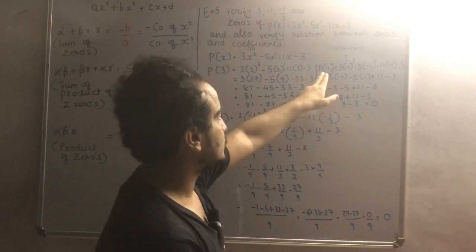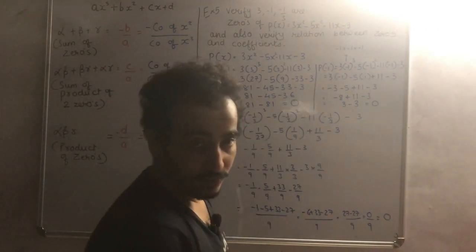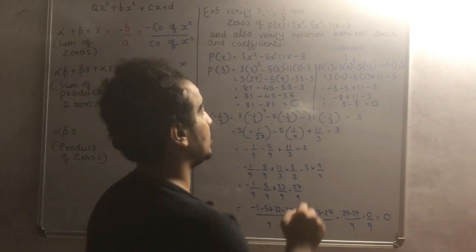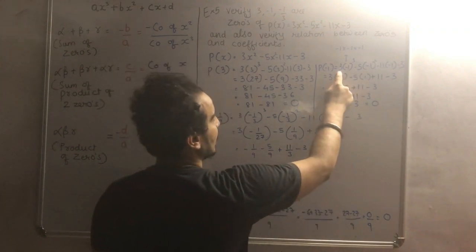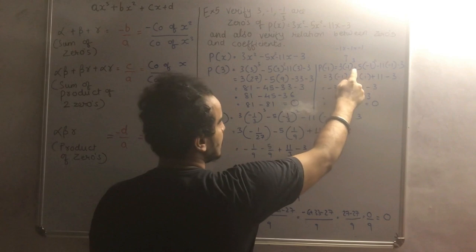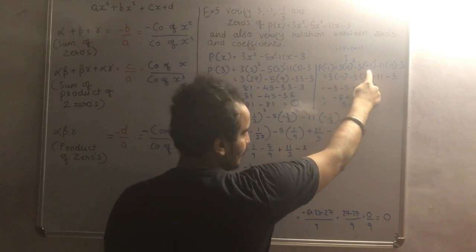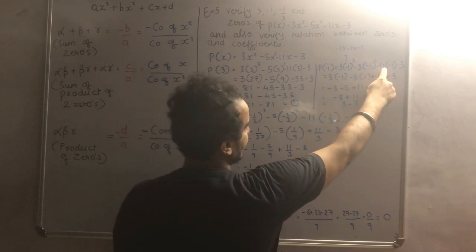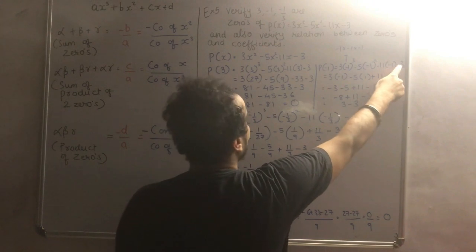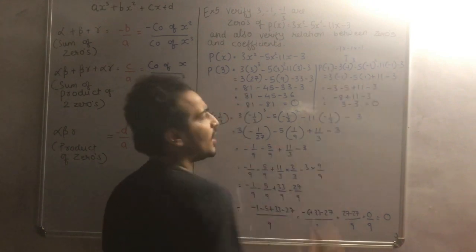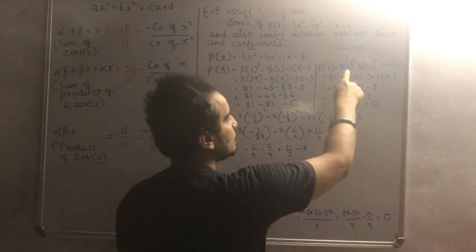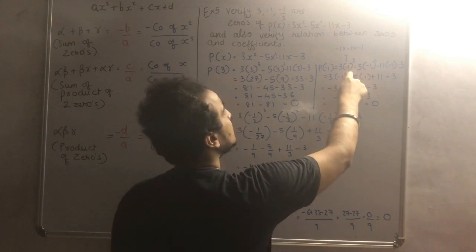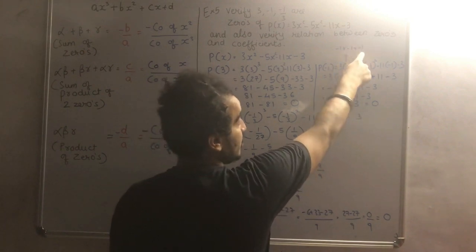Now p of minus 1, we have to keep minus 1. So 3 into cube of minus 1 minus 5 into square of minus 1 minus 11 into minus 1 minus 3. Instead of x, we have kept minus 1. So cube of minus 1 means minus 1 into minus 1 into minus 1.